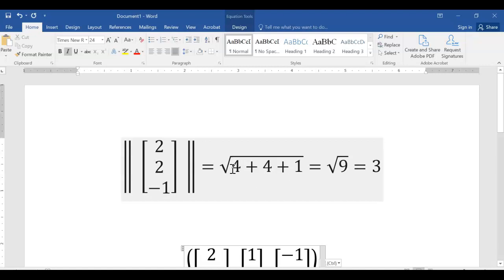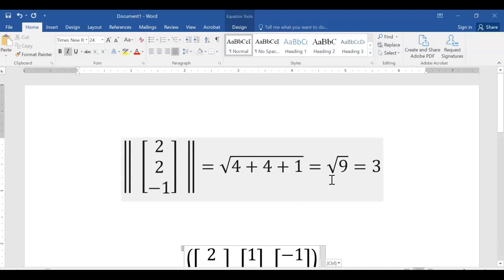So it's the square root of 4 plus 4 plus 1, which comes out to be 3 when it's all said and done. So 2, 2, -1 comes out having a length of 3.